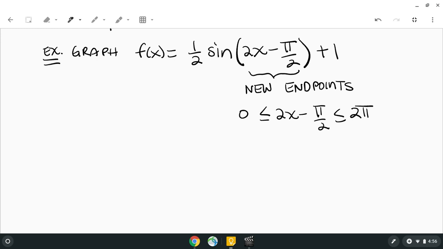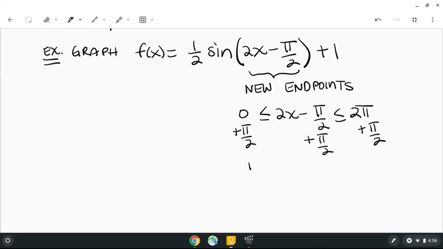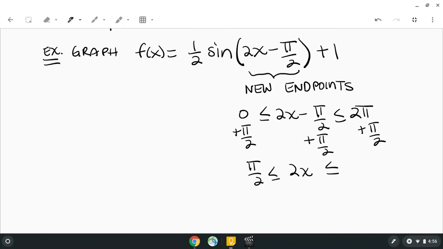So we take whatever's inside there, 2x minus pi over 2, and we solve it between 0 and 2 pi, the original endpoints. Because 0 and 2 pi are the original endpoints, we're trying to figure out what the new endpoints are. So let's go ahead and solve this. I'm going to add pi over 2 to all 3 parts.